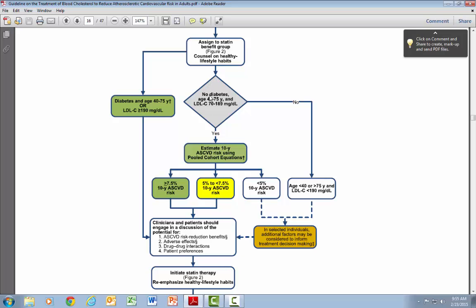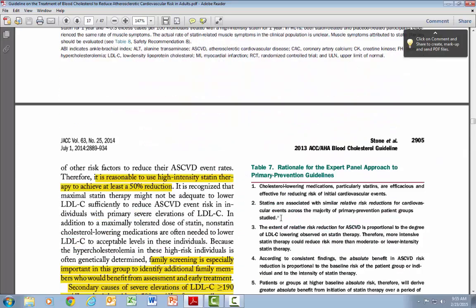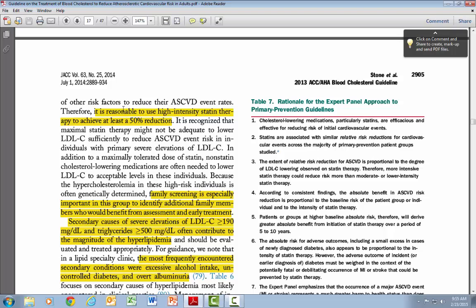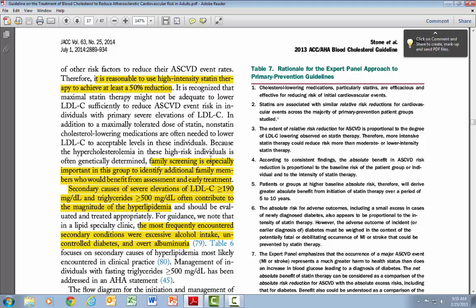If the patient is not a diabetic, then you could do high intensity statin based on the risk factor of mortality. Remember that high intensity reduces the LDL by 50% or more. In addition, you should do family screening. Okay, because remember there is a syndrome that is called familial hyperlipidemia that must be considered.